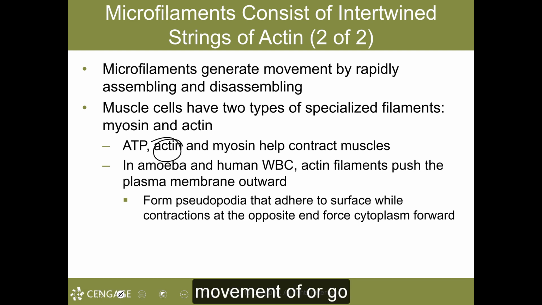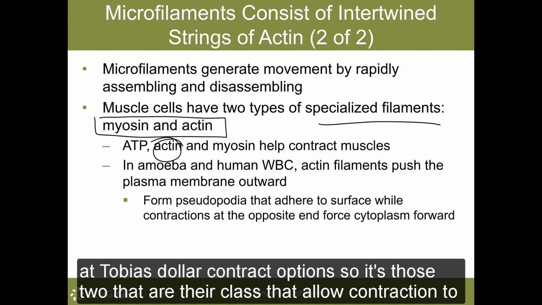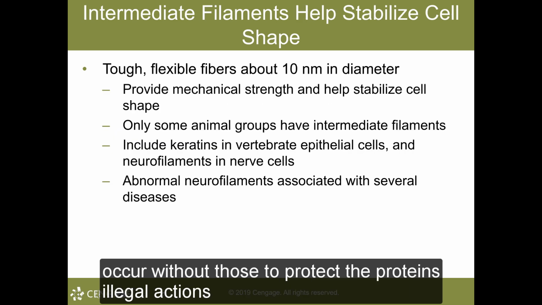In muscles, they have two specialized microfilaments, and they are actin and myosin. Those are the contractile proteins. It's those two that allow contraction to occur. Without those two contractile proteins, there will be no contractions.